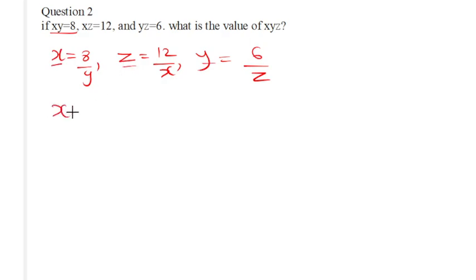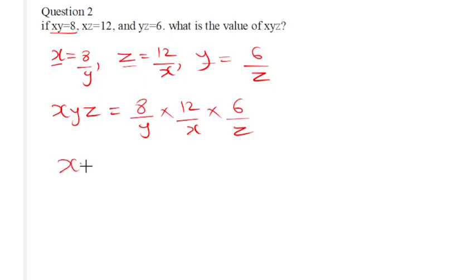So xyz is equal to, just multiply everything here, 8 over y times 12 over x times 6 over z. So we have 8 times 12 times 6, that gives us 576.